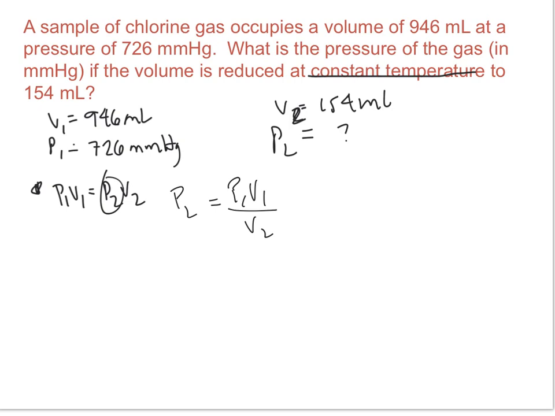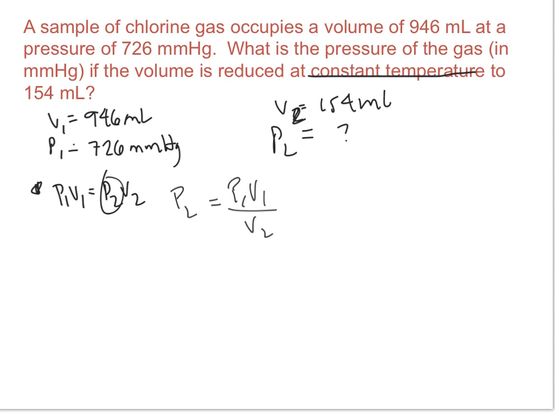Okay, and then before we plug our numbers into the equation, we want to make sure that our units match. So milliliters and milliliters, those are the same, so we can plug those in. Millimeters of mercury, those are the units that we're wanting to solve for up here, so we can plug those in, and since pressure is what we're solving for over here, there's no need for those to match at this point.